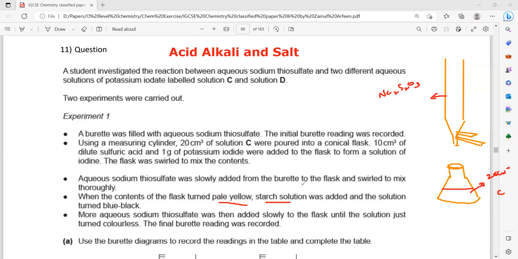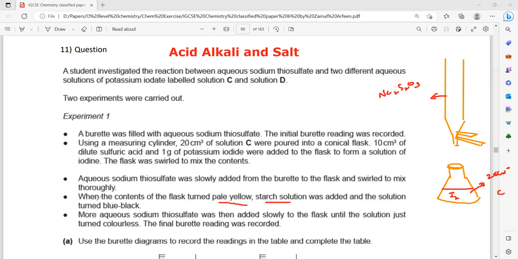Maybe in biology you have studied that to test for the presence of starch, you add iodine and it will turn blue-black. If iodine is present, it will be blue-black. But if iodine is not there, then it will turn colorless.